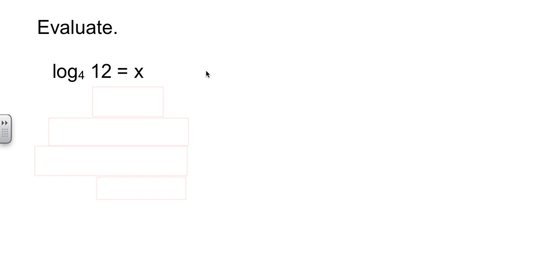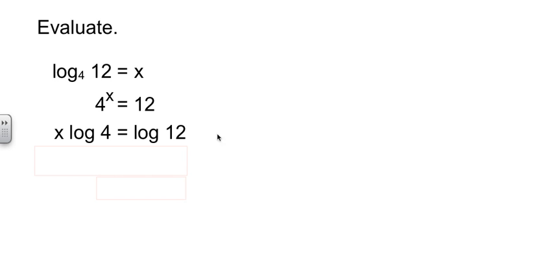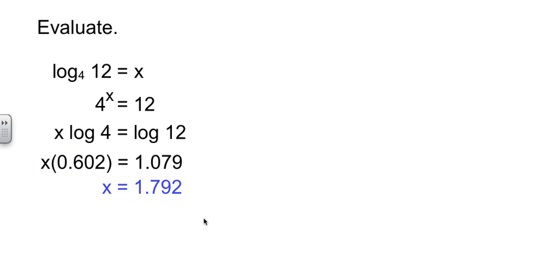Now if we have an equals x on the end, we know what to do because we can flip-flop it. 4 to the x equals 12. Now it's a problem like we just did on the previous page. Take the log, and I'm going to go ahead and move the x down as I go. Use our calculator and divide. Not really all that tricky. The only difference is you have to remember to do the flip-flop step first.